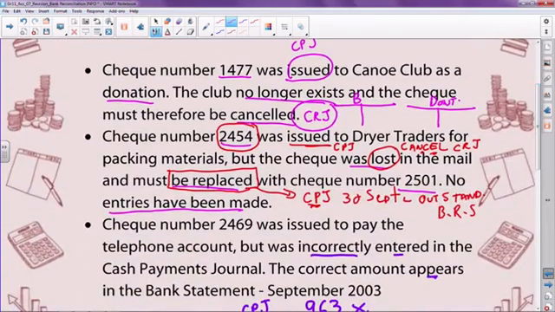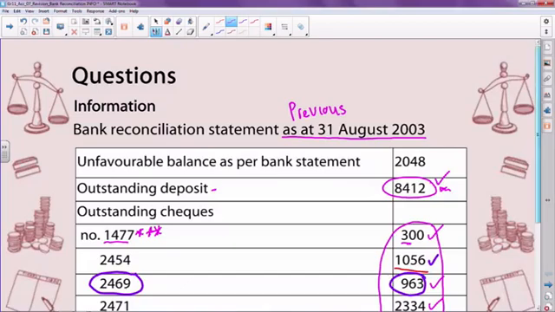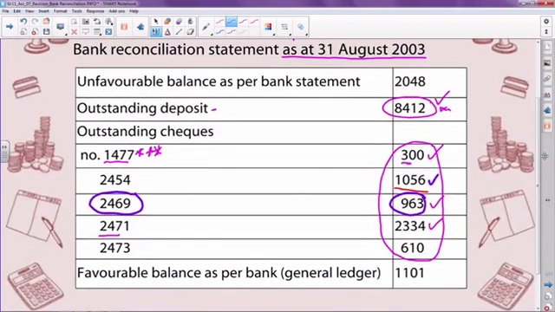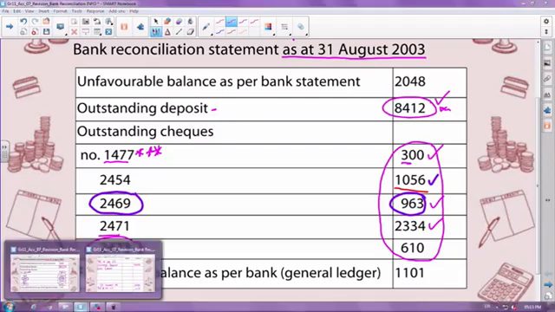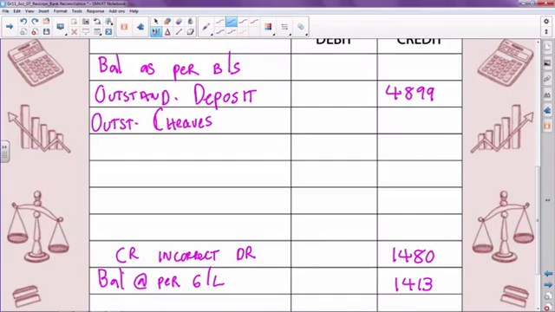There was one. We've ticked everything except check number 2,473, which was 610 Rand. I'm only going to enter the 610 because of time; you can enter the rest. So 610 was the first check.